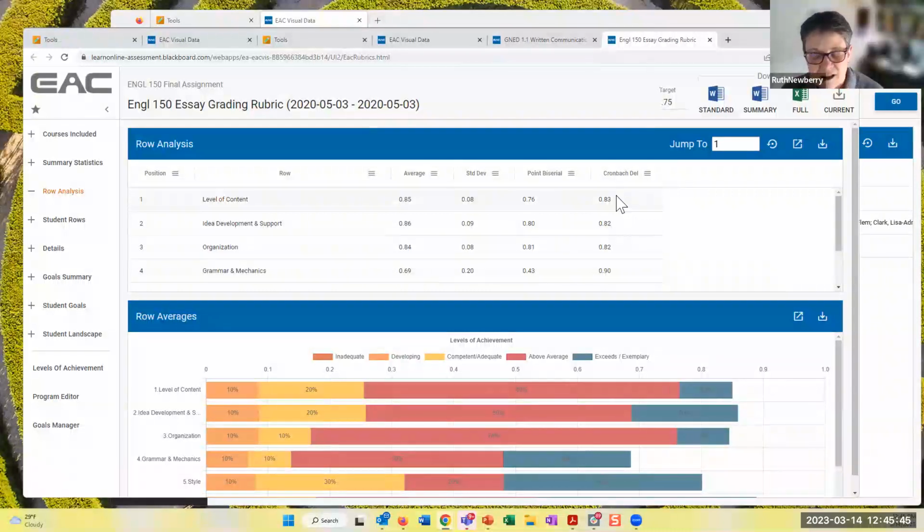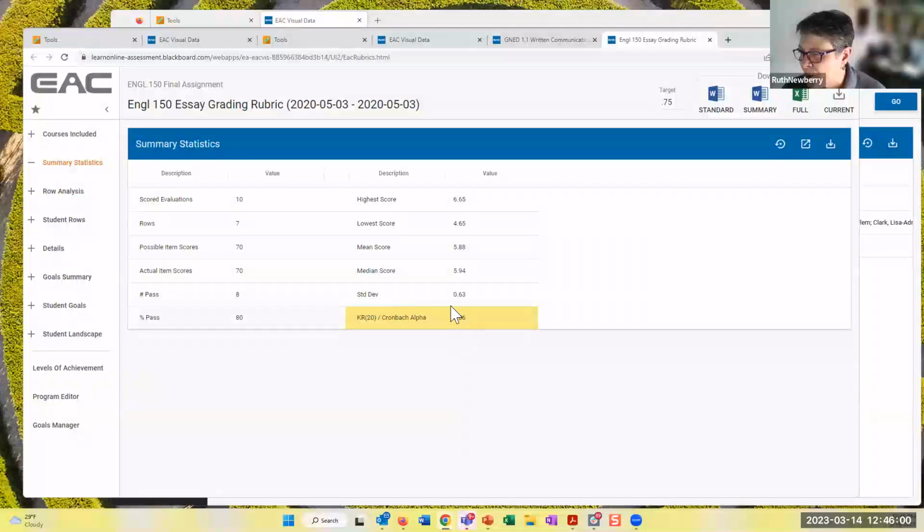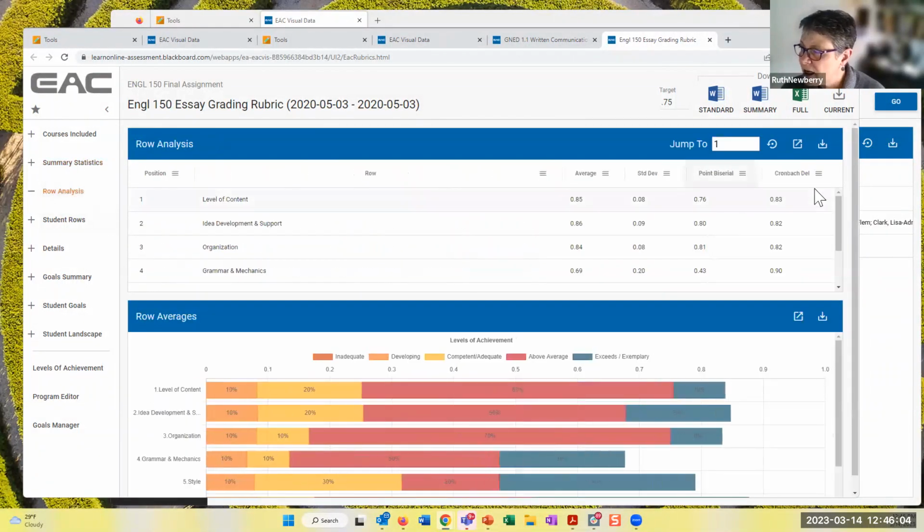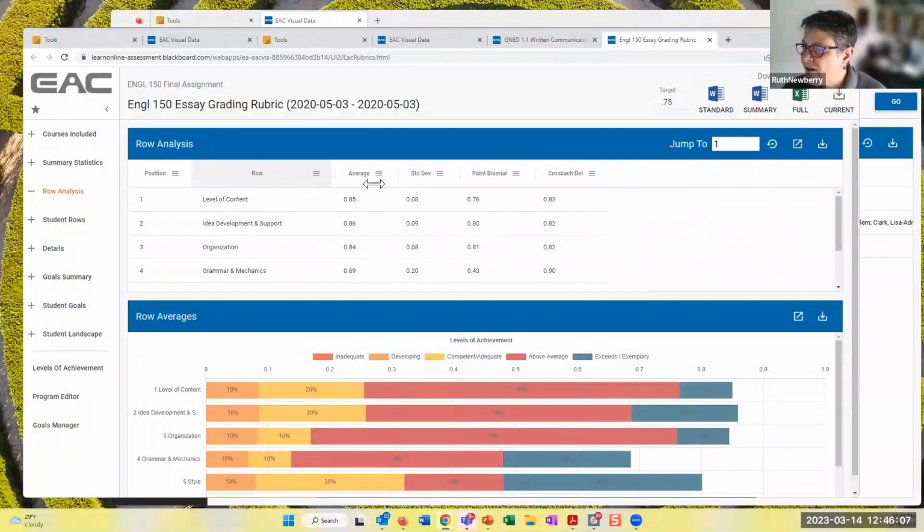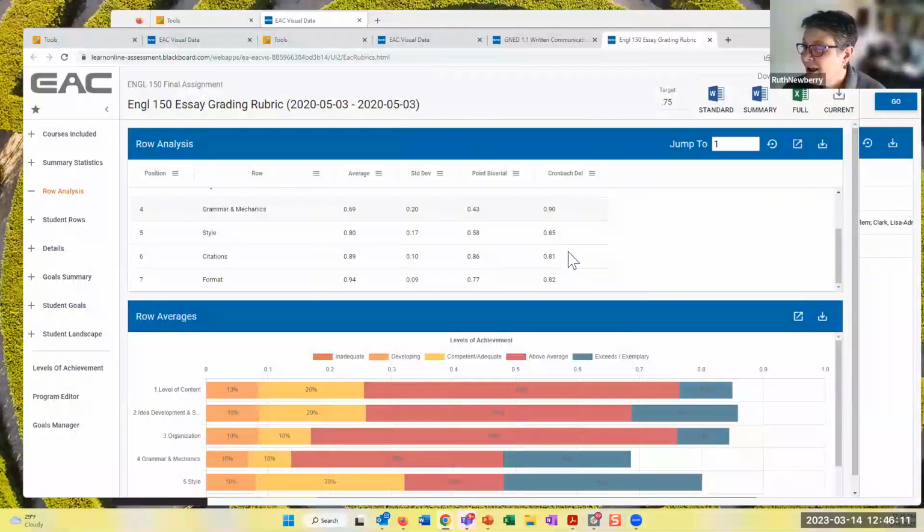These are other statistical tools that tell you how reliable this row is. Again, higher is better. In this one, look specifically at this number here, 0.86. When I look here, do I have any row that is above that 0.86?